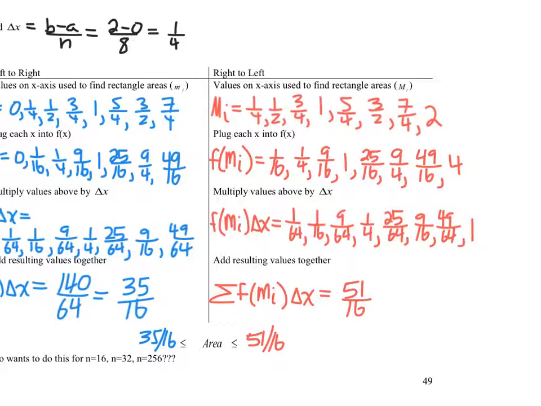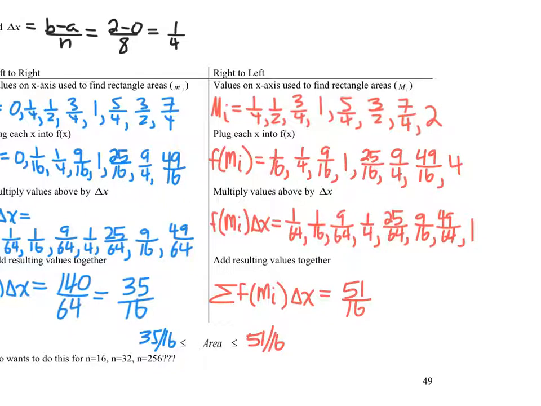Right? And so that's really what the goal is, because now the follow-up question would be, who wants to do all this for n equals 16, 32, or 256? Not many people, but your program is happy to do it for you. So if you put a very large value for n into that rectangles program, it just feels weird saying rex. I don't like it.